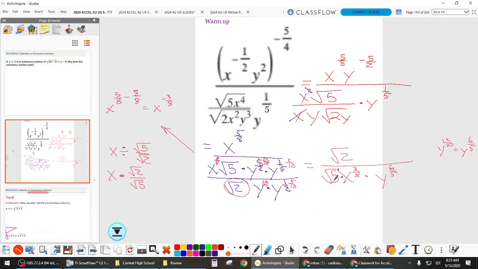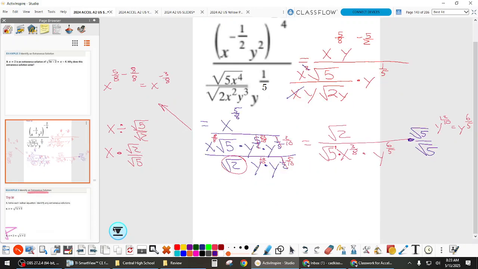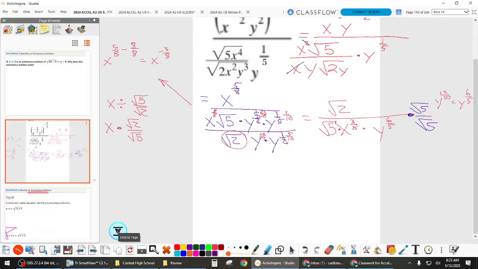And what do we do with this root 5 to get rid of it? Alright, so finally, we can combine the 2 and the 5 underneath the radical since they're the same index. And we'll have x to the 3/8, y to the 6/5.